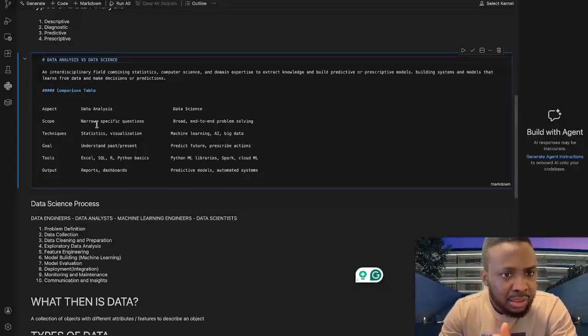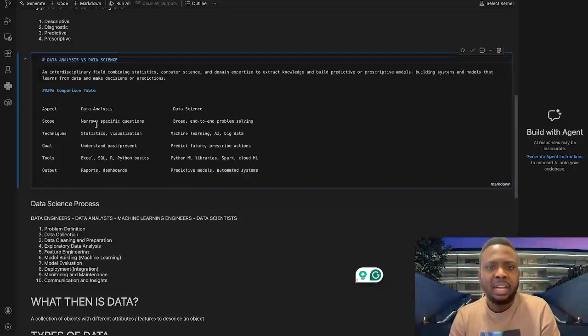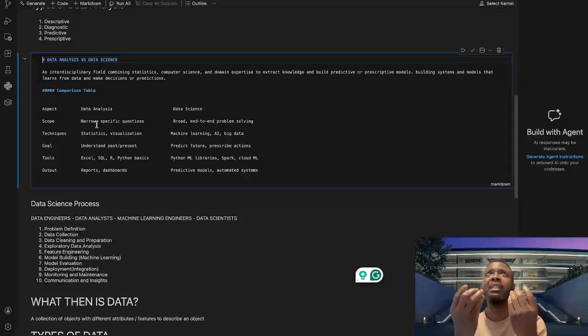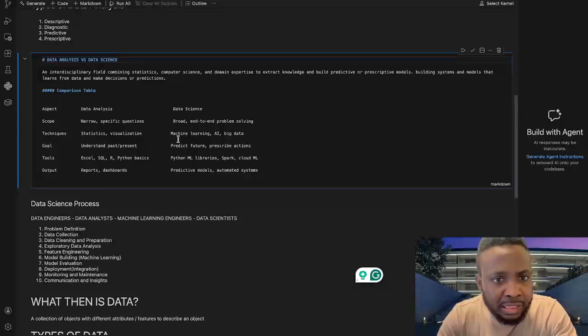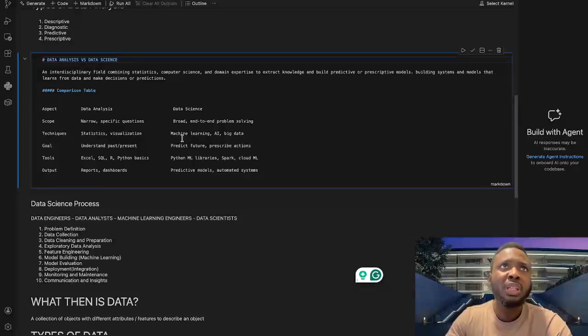The techniques used in data analysis are basically statistics and visualization. You calculate mean, median, mode, you understand basic statistics, and then you visualize the data in graphs, tables, diagrams. When we talk about the techniques in data science, it involves machine learning, building models using various algorithms, XGBoost.